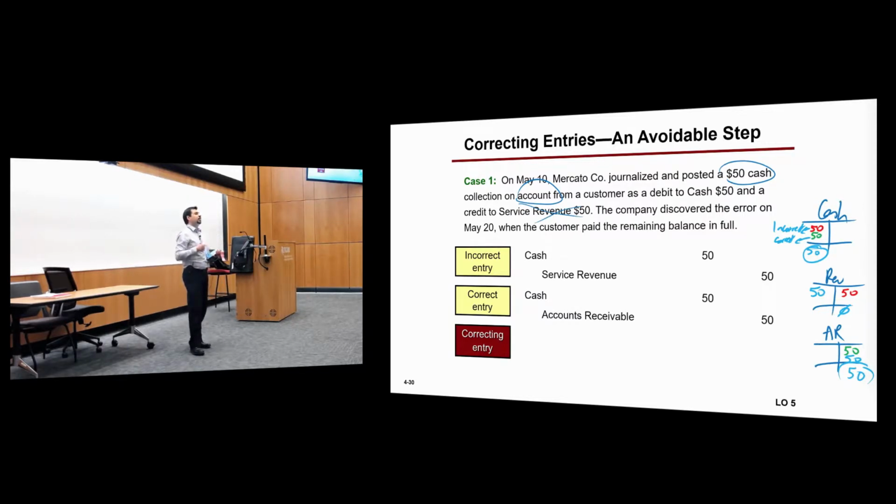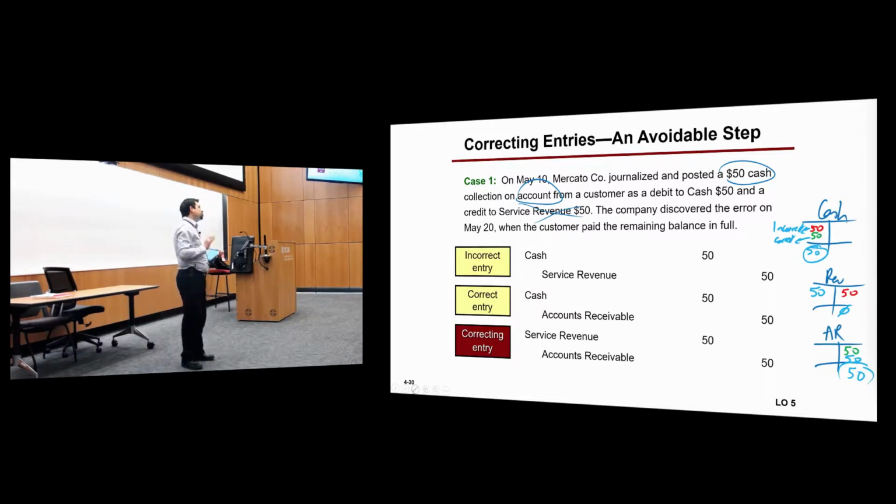Accounts receivable did not have any, it was not included in the original entry. So the correcting entry would be eventually a debit to service revenue and a credit to accounts receivable. Anyone has a question about this? You will have questions like that in the exam. Please prepare the journal, the correct journal entry, etc.